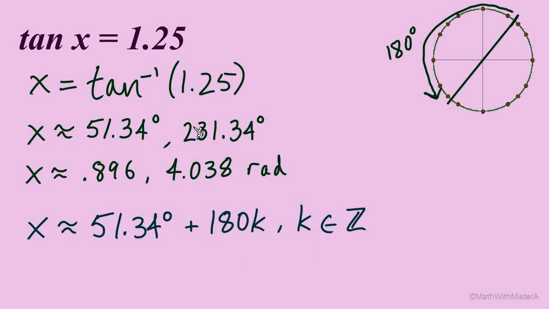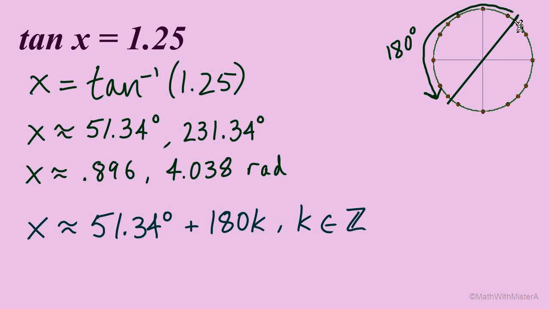I don't have both of my values listed and adding on full rotations of 360 degrees. I only used one solution, and I'm adding in additional rotations, only half rotations, 180 degrees. That's all because, with tangent functions, we find solutions 180 degrees on complete opposite sides of the circle.